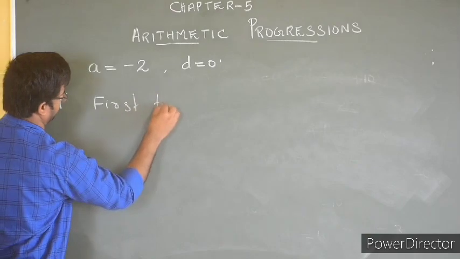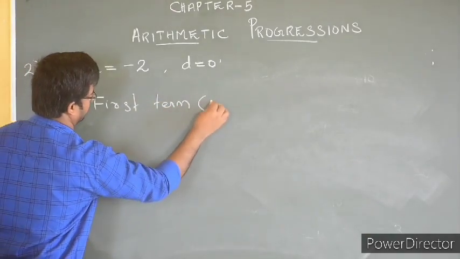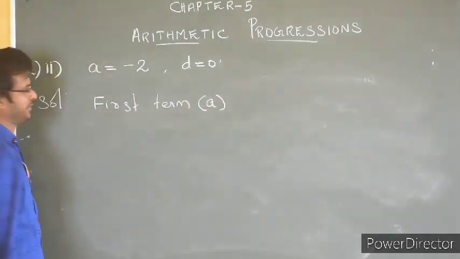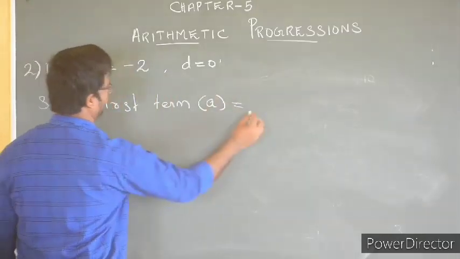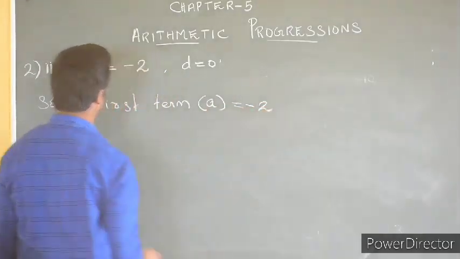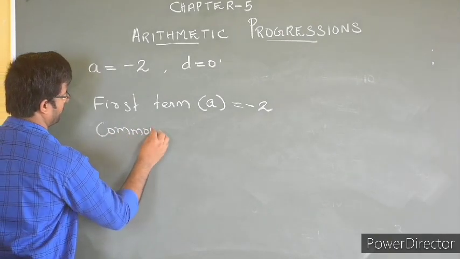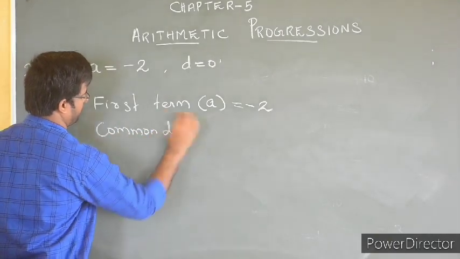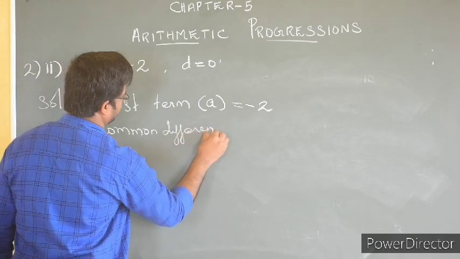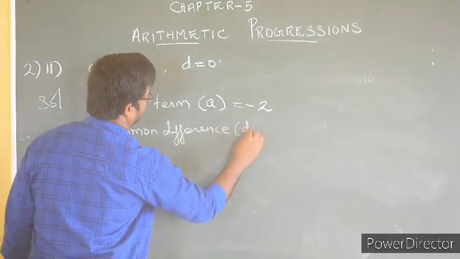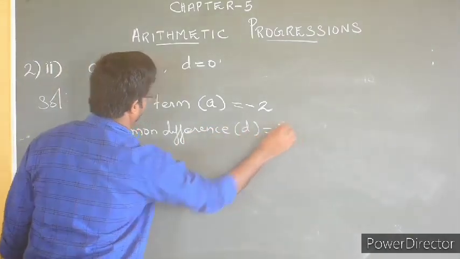First term, that is a. First term equal to, already given in this question, that is minus 2. And then common difference d equal to 0.